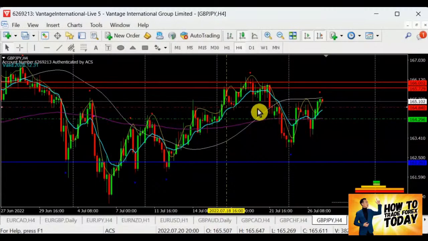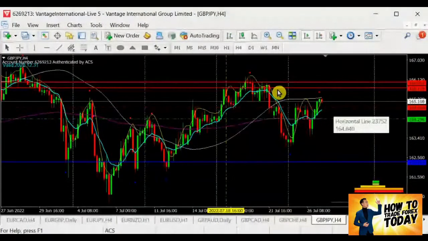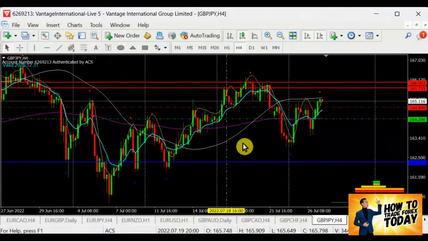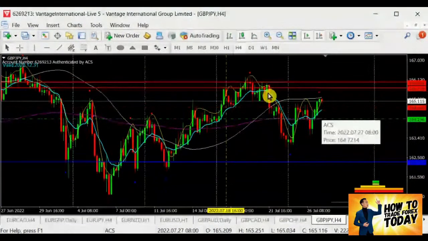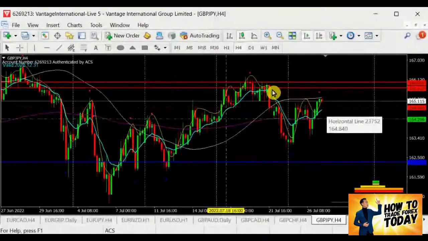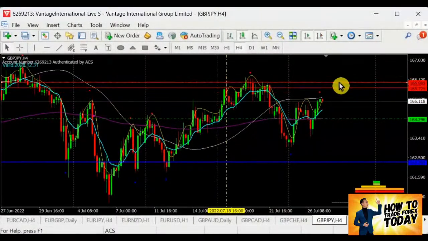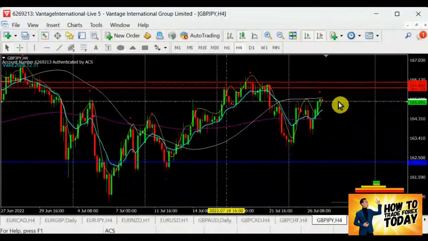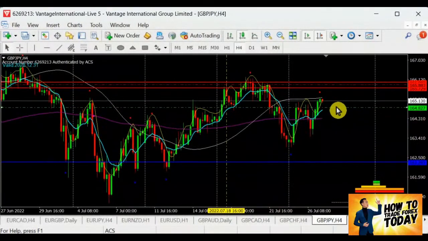It seems like this area is still going to retest the resistance as a support. So should I look out for selling, or should I look out for buying? If this tested here, then highly likely it should be escalating up to another higher level, because this has already become a support.